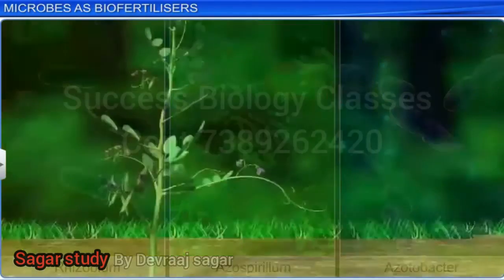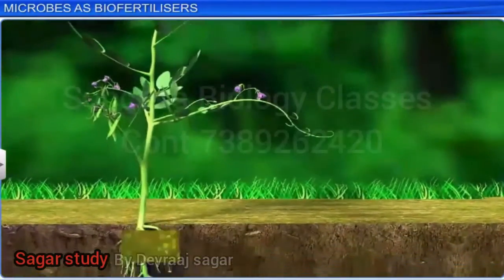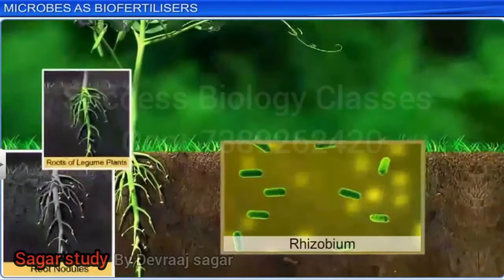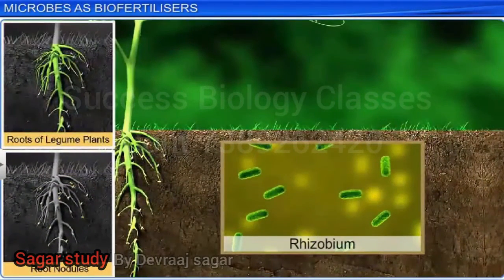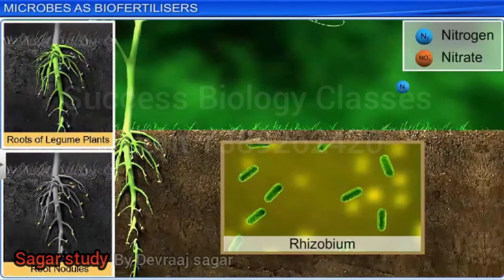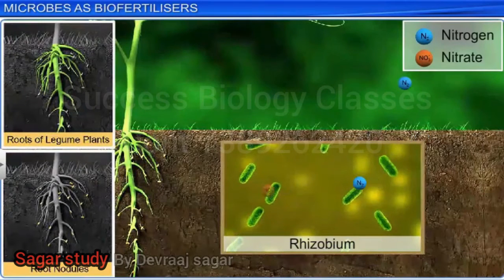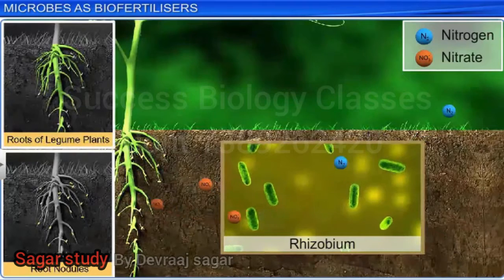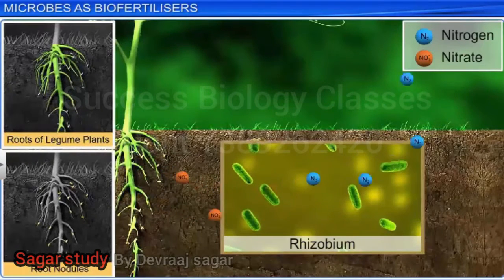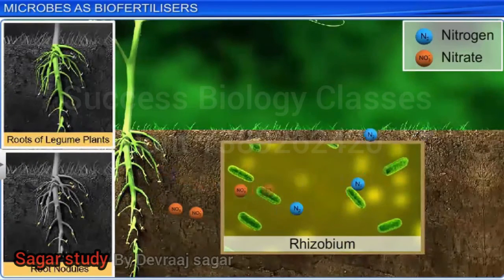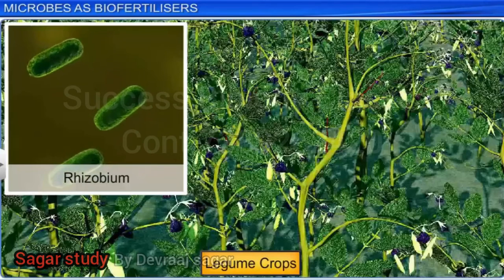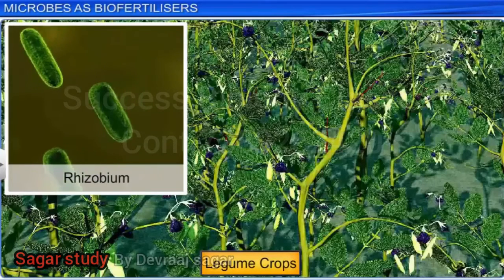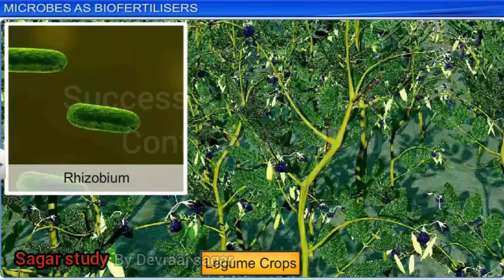Rhizobium bacteria exist symbiotically in the root nodules of leguminous plants, where they convert atmospheric nitrogen into usable organic forms for plant use in return for food prepared by plants via photosynthesis. So, it is usually used as an inoculant for legume crops.